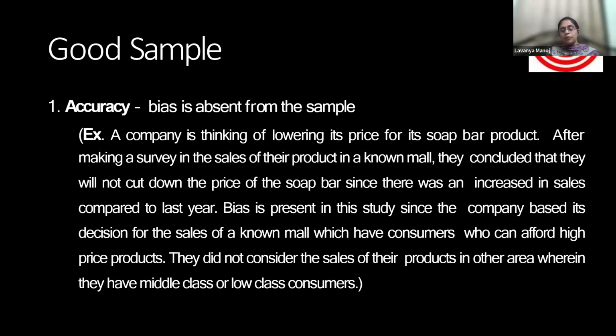Because the population might have grown, or the competitors' product may not be of good quality. But imagine the sampling has been done in a mall which is very well known to that organization.